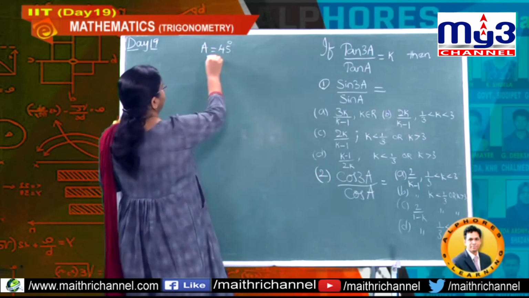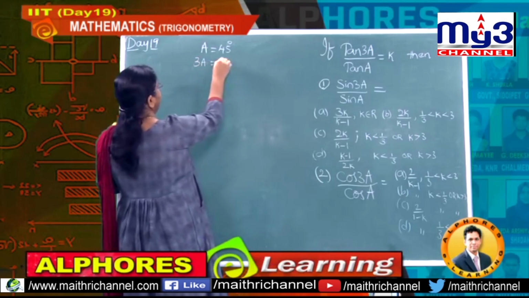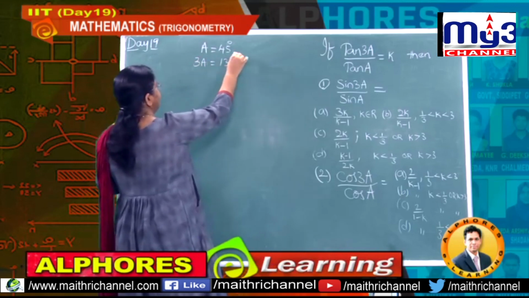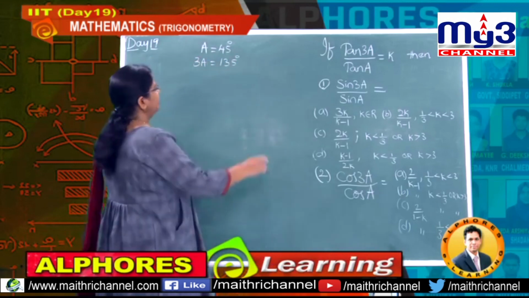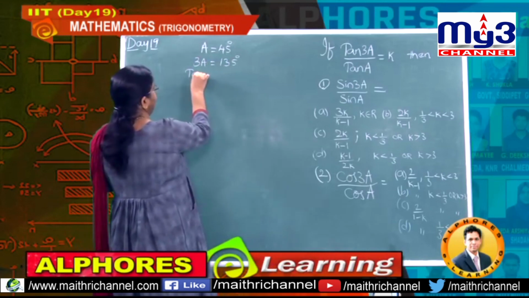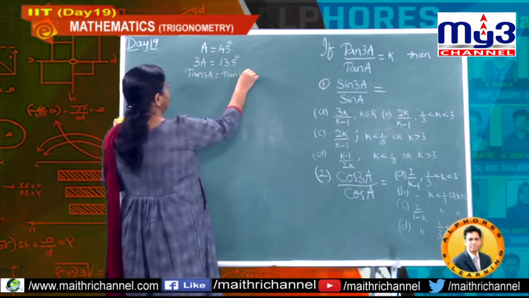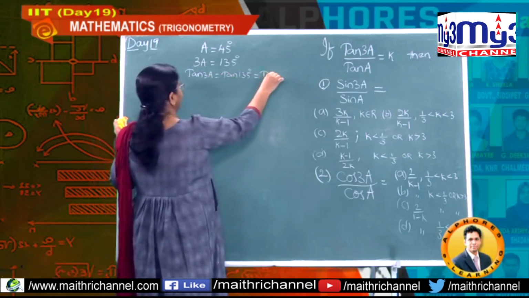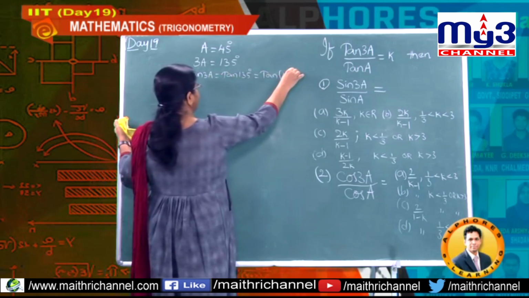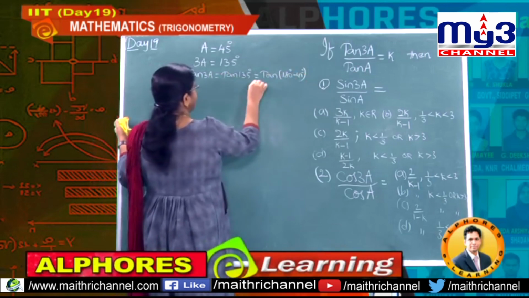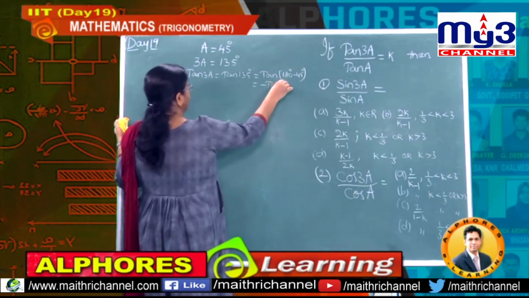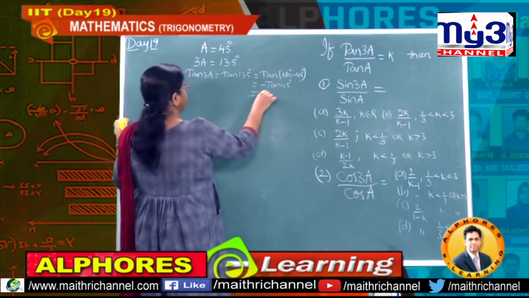And then what is the 3a value? 3a equals 3 into 45, that is 135 degrees. And what is the tan 3a value? Tan 3a is tan 135 degrees, which belongs to the second quadrant, and hence the answer is minus tan 45 degrees, which is minus 1.